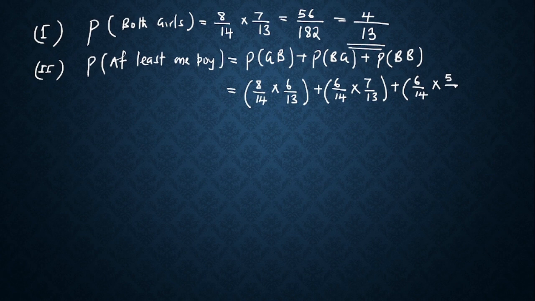So 8/14 multiplied by 6/13, that one is going to give us 24/91 plus 6/14 multiplied by 7/13. That's going to give us 3/13.